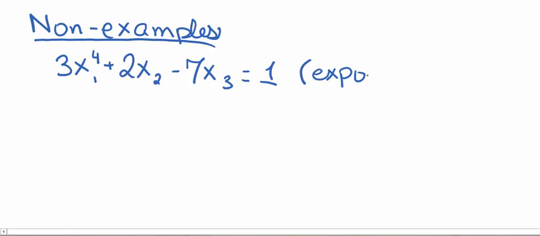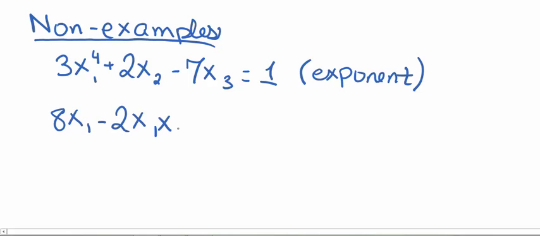The variables should not have any exponents on them. Another example, 8x1 minus 2x1x2 plus 3x3 is equal to 2. So this one is not linear because of the multiplication of x1 and x2.